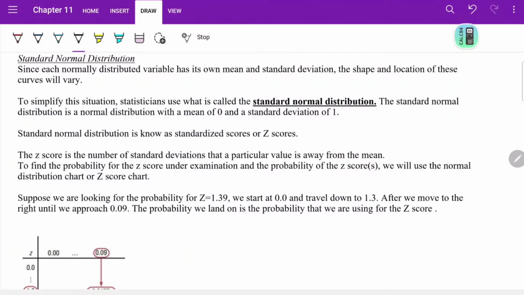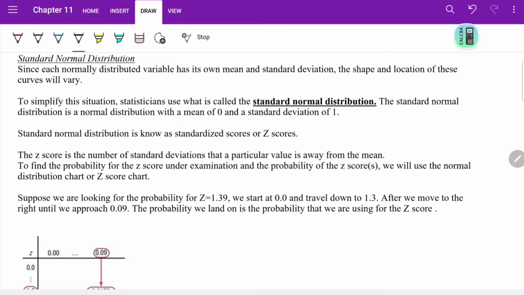All right, guys, we're going to learn about what is called the standard normal distribution. And this is, once again, essential to this class and to Stats 250. Now, since each normally distributed variable has its own mean and standard deviation, the shape and the location of these curves will vary.